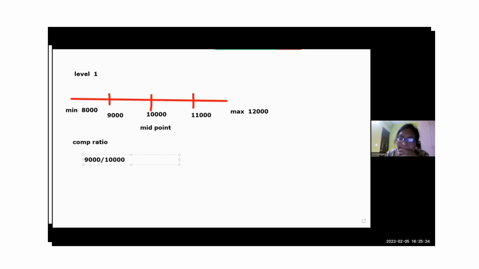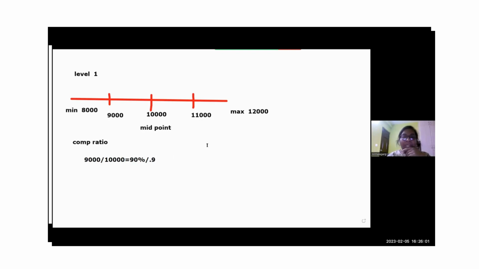How much will it be? Quick, guys. Will it be 0.9 or 90%?